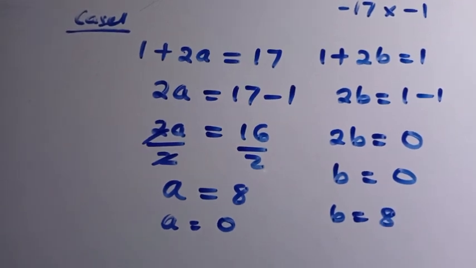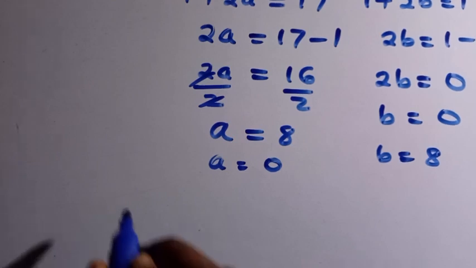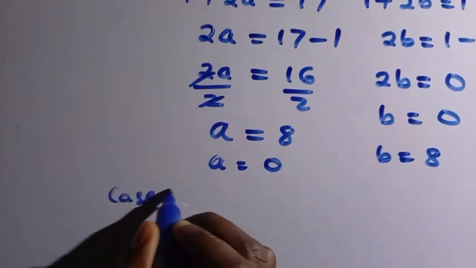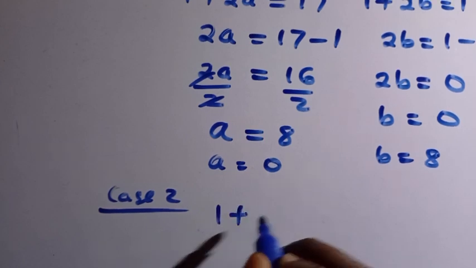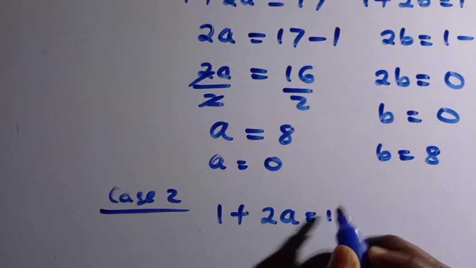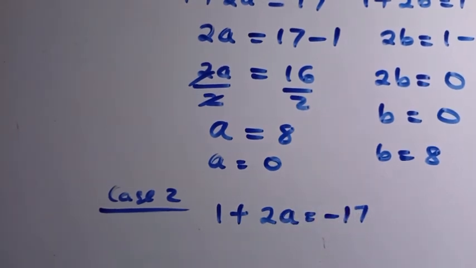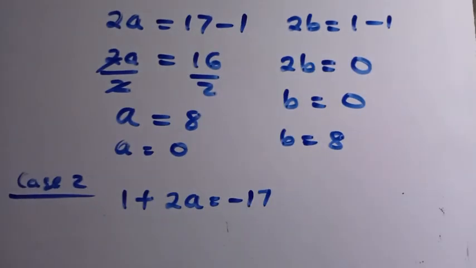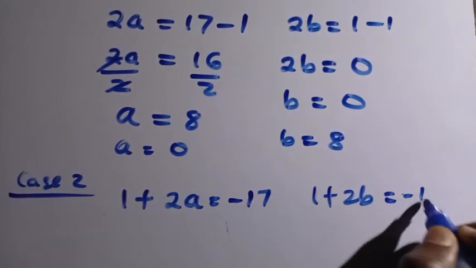Then for the second case, which is the negative part, we consider it as case 2. We are having 1 plus 2a equals minus 17, and we also have 1 plus 2b equals minus 1.